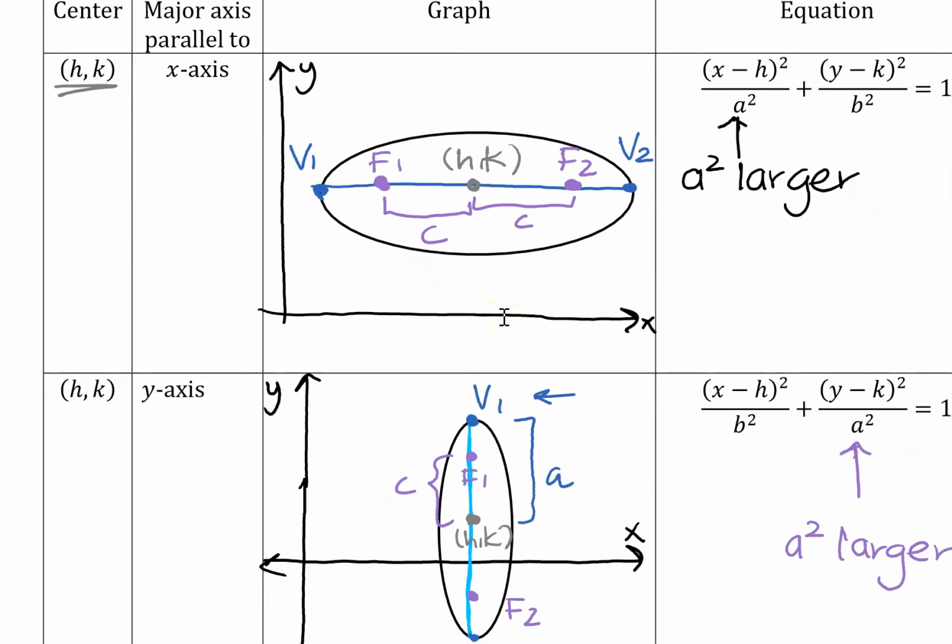The last thing I want to say before we look at some examples is you may be wondering, what's the purpose of b? It seems like we didn't use the little b for anything. What little b does tell us is it tells us these 2 points here. So that's not along the major axis.